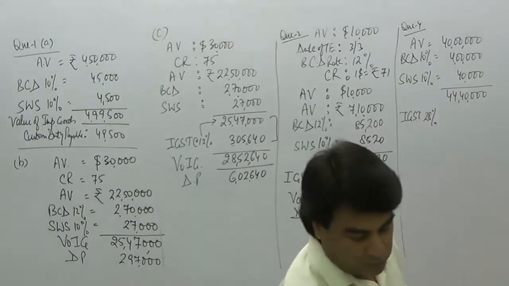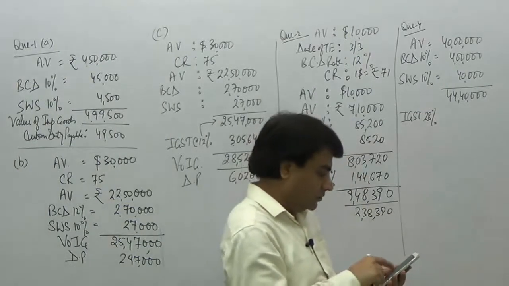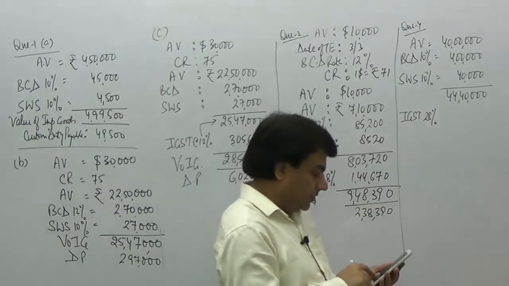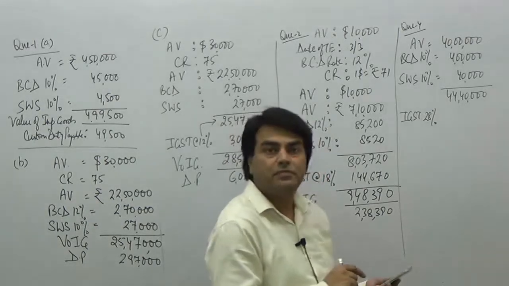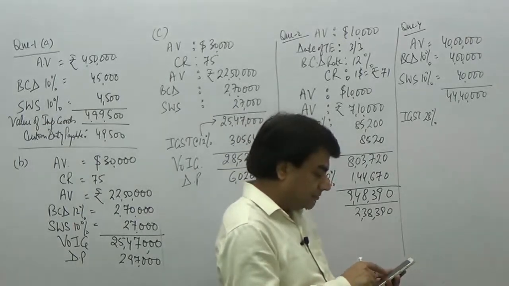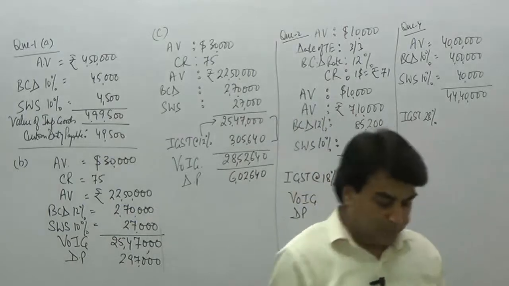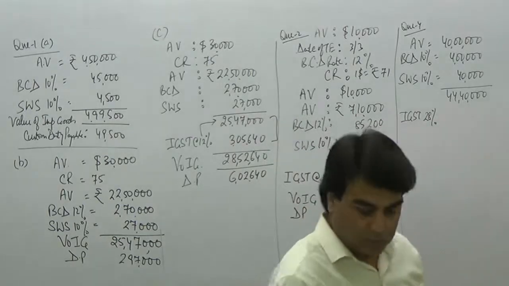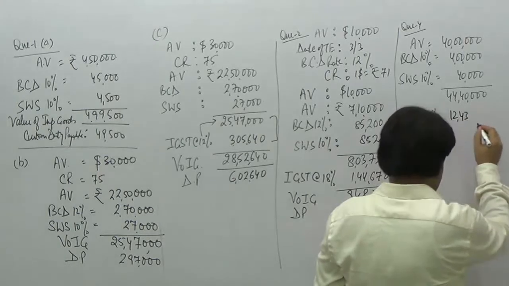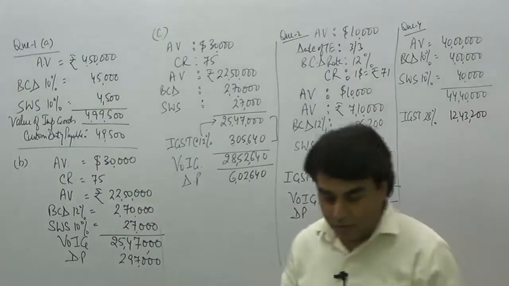Calculate 28% on this. 44,40,000 multiplied by 28%. 12,43,200. 12,43,200 is the amount of IGST. Okay. You worked out the amount of IGST.